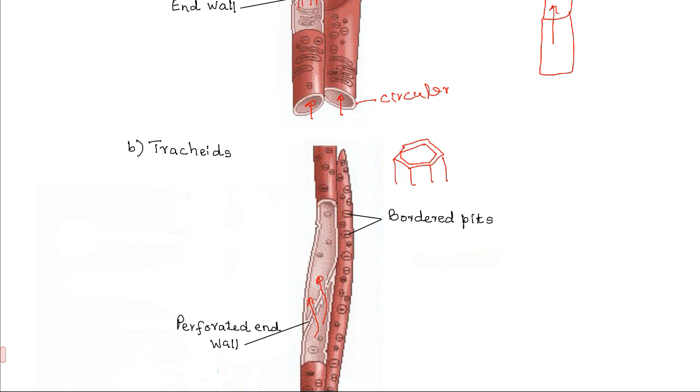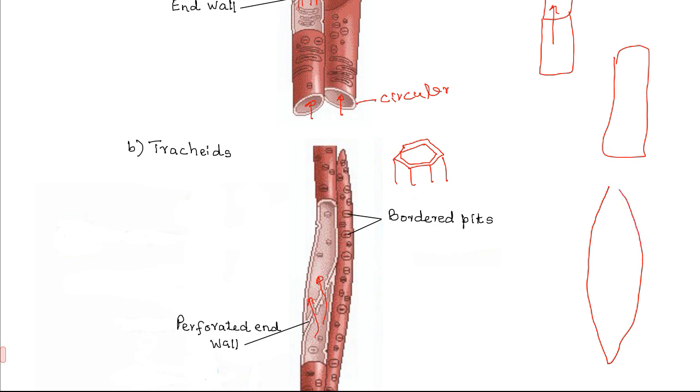Vessels are cylindrical in shape, while the trachea elements are tapering. They're tapering towards the end. So those are the very distinct structural differences between the tracheids and the vessels. However, they both occur. They both make up the xylem element, and they're found in flowering plants. That is, both the vessel element and the trachea elements are present in flowering plants, making up the xylem tissue.